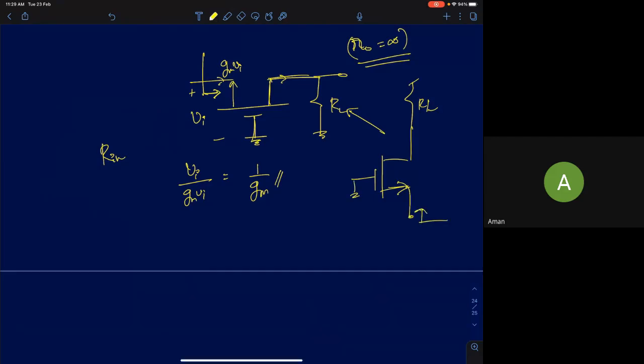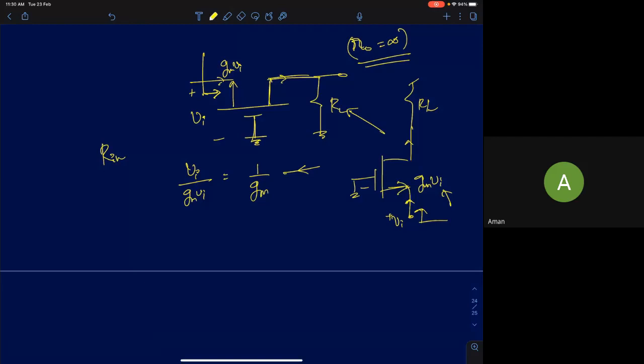That should sound intuitive to you by now. If I apply a voltage Vi here, you should expect to see a current gm Vi flowing from source to drain, where Vi here is minus VGS. You should all by now see that. So the impedance will be 1 by gm. That's it. Now this is actually a very low impedance value.